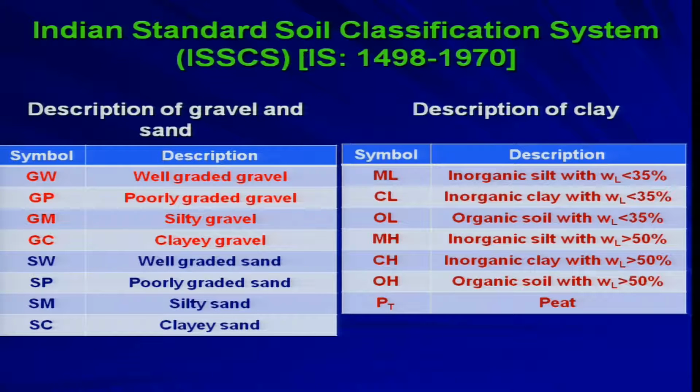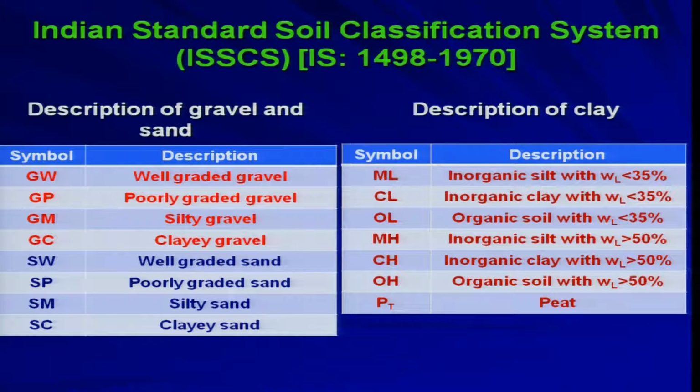Then inorganic clay with liquid limit less than 35% is CL, and organic soil with liquid limit less than 35% will be denoted as OL, whereas inorganic silt with WL greater than 50% is MH, inorganic clay with liquid limit greater than 50% is CH, and organic soil with liquid limit greater than 50% will be OH.